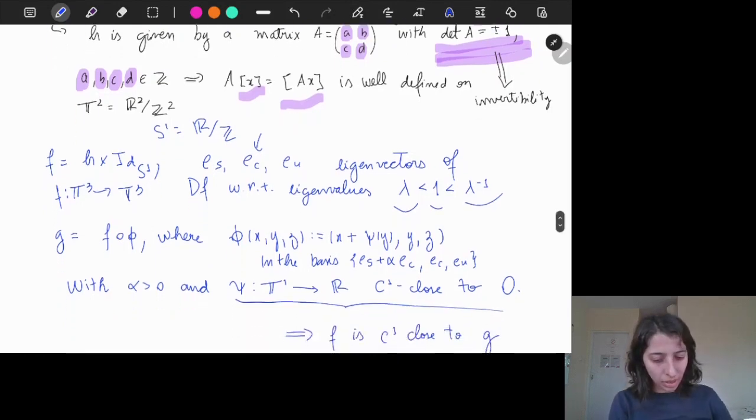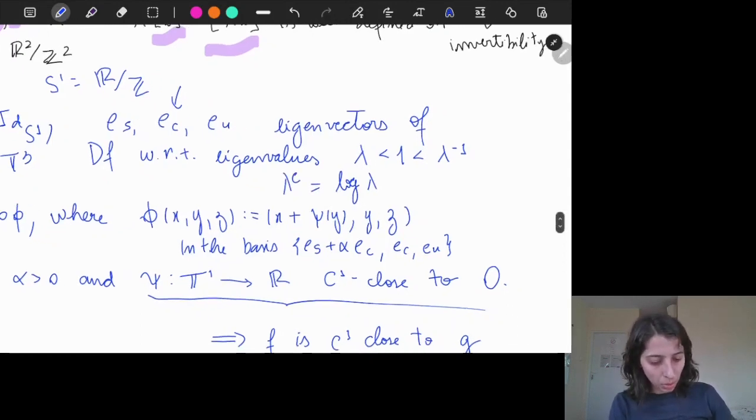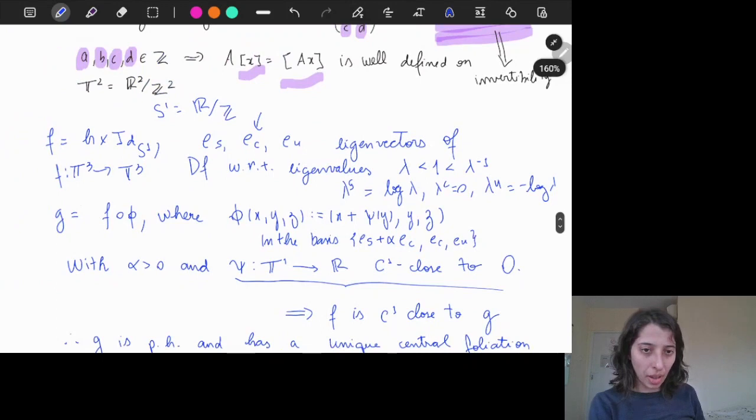And here you can check by the definition of Lyapunov exponent, that I didn't give, that the log of lambda is the stable Lyapunov exponent. The center Lyapunov exponent is 0, and the unstable Lyapunov exponent is minus the log of lambda for f.